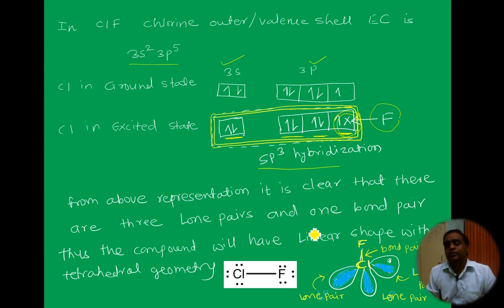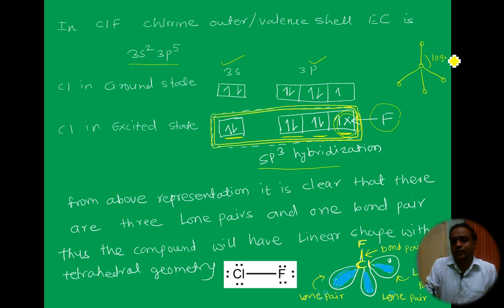Thus we know that sp3 hybridized orbitals have a tetrahedral geometry, having an angle of 109.5 degrees. This is a normal tetrahedral angle.